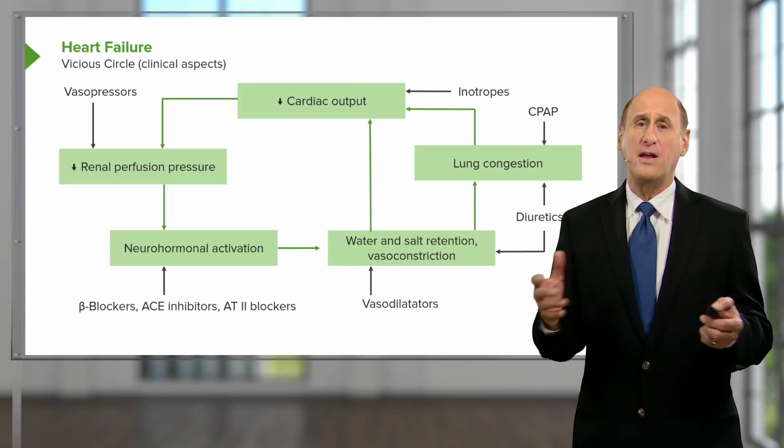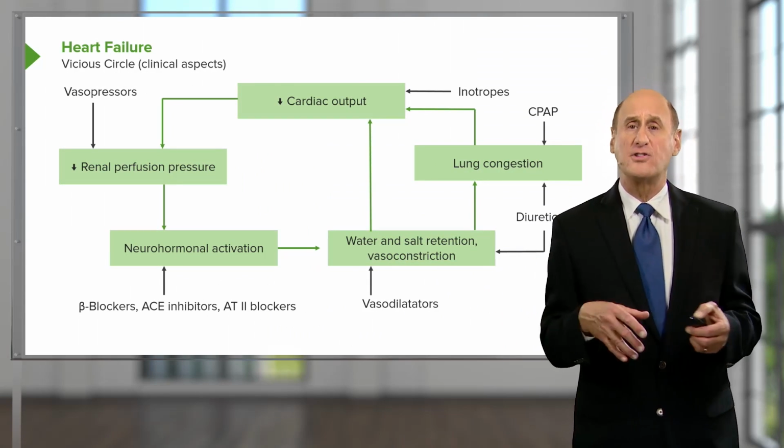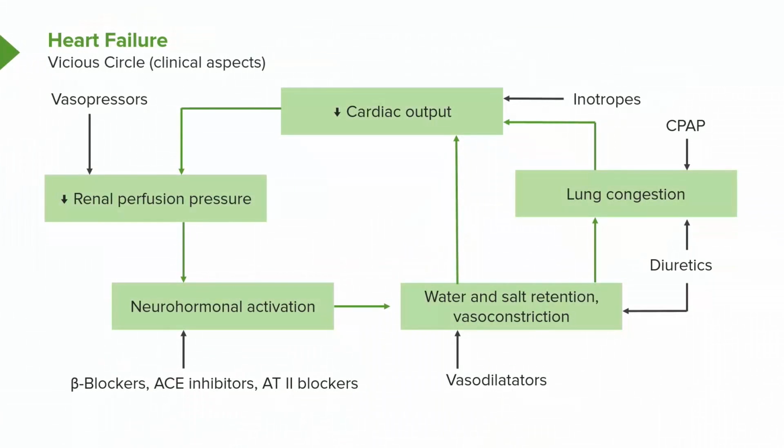And again, here you see a diagram that just shows you how all of these interact, how the decreased cardiac output can lead to lung congestion, and how increased peripheral pressure can lead to peripheral edema, the neurohormonal activations through the kidney that go on.